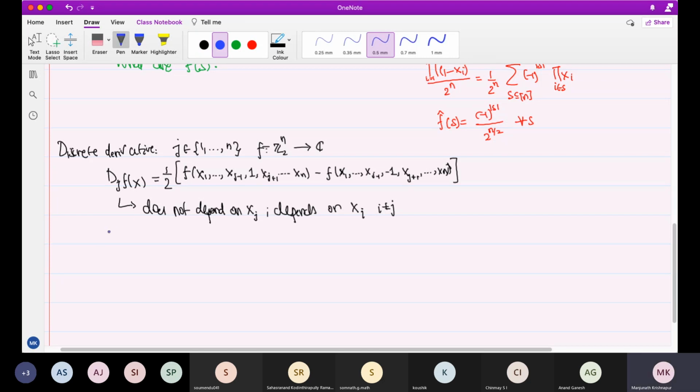Let's say if f is Boolean, then d_j f of x is either 1 or 0, depending on whether the value of f changes.